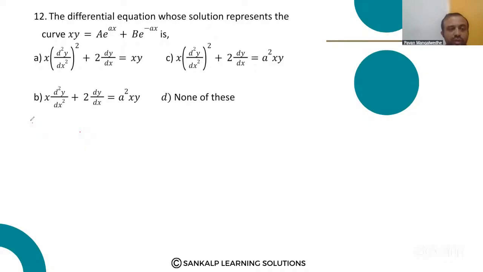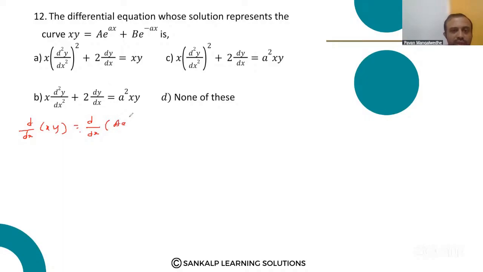We'll start with the given equation. Differentiate with respect to x: d by dx of xy is equal to d by dx of the given equation.